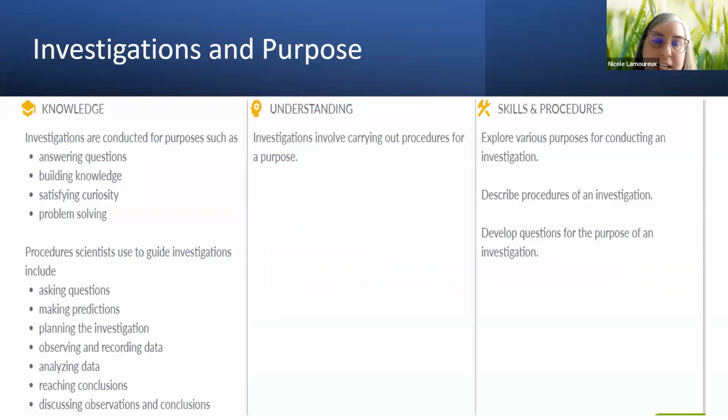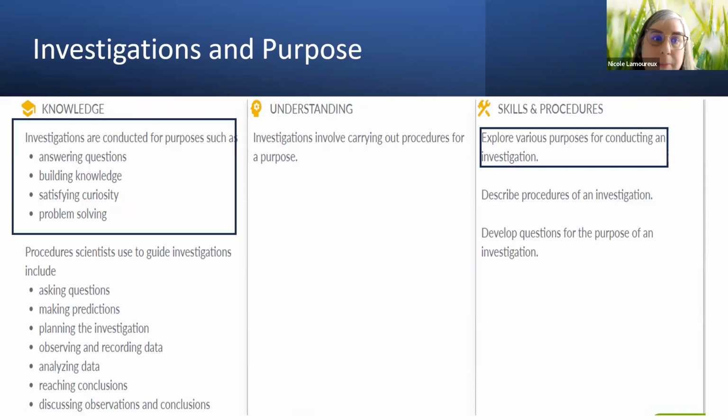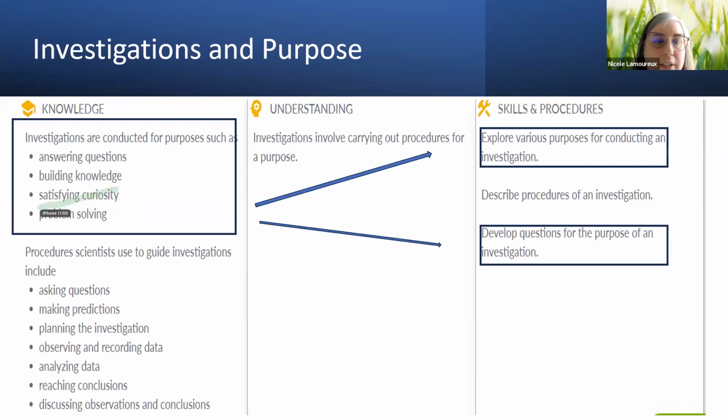So the understanding is investigations involve carrying out procedures for a purpose. That's the why behind what we want our students to know and understand. So in order to do that, they need to explore various purposes for conducting an investigation. What are those purposes? Well, it's laid out. Same thing with developing questions for the purpose of an investigation. It's laid out here.